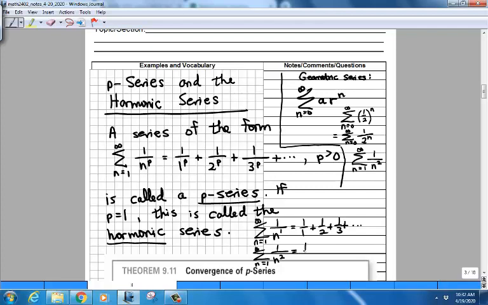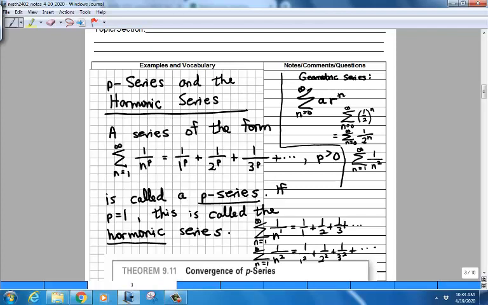So you would have 1 over 1 squared plus 1 over 2 squared plus 1 over 3 squared plus etc. The format of the terms in a P-series is always 1 over the index raised to a power, and the power stays the same in every denominator. The only thing that's changing is the index.